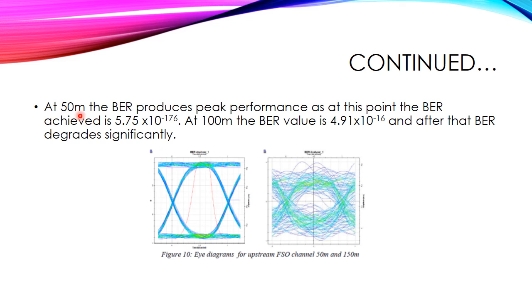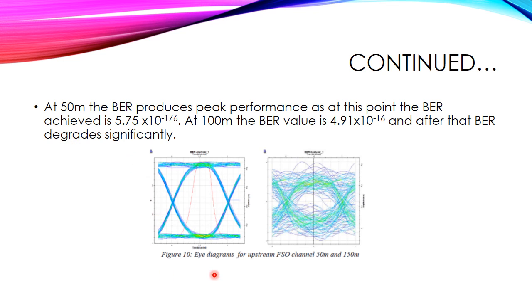So at 50 meters the bit error rate produces peak performance, as at this point the bit error rate is achieved up to the order of 10 to the power minus 176, and at 100 meters the bit error rate value is 4.91 into 10 to the power minus 16, and after that the bit error rate degrades significantly.